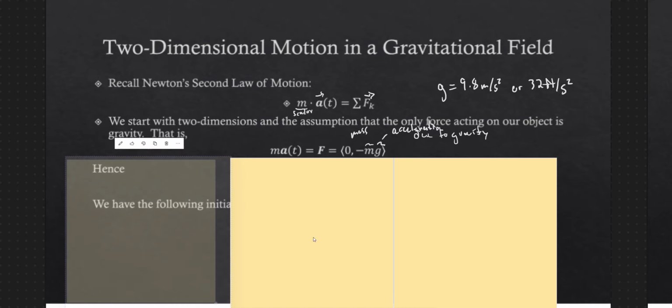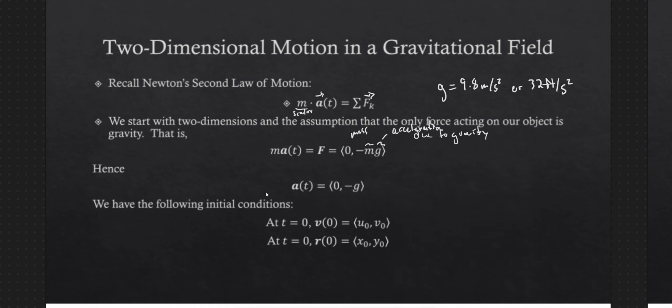So what else do we have here? If m times the acceleration is 0 minus mg, divide both sides by m, and of course the acceleration of the object is 0 minus g. This makes sense because gravity is the only force acting on the object. Again, it's minus g in the y component, so that's an acceleration of g downward.